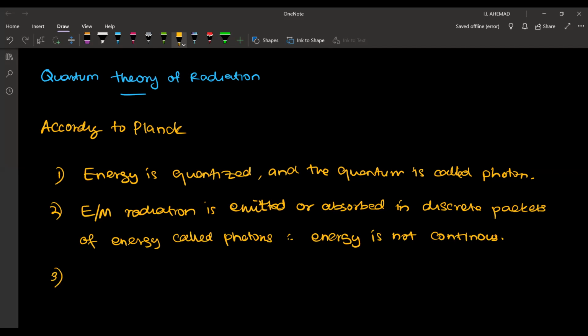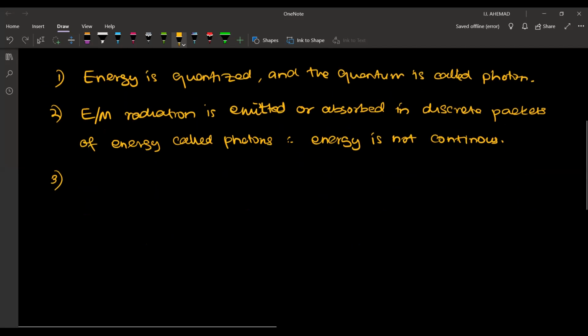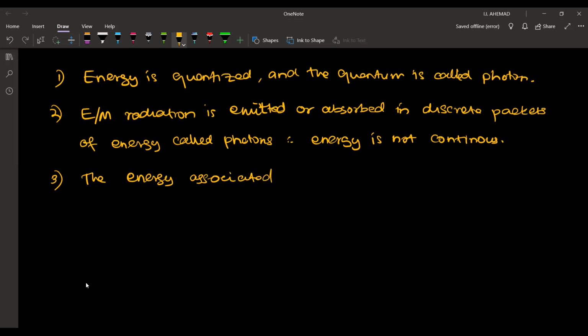Third, the energy associated with a single photon, so this is important, is given by E is equal to hf.